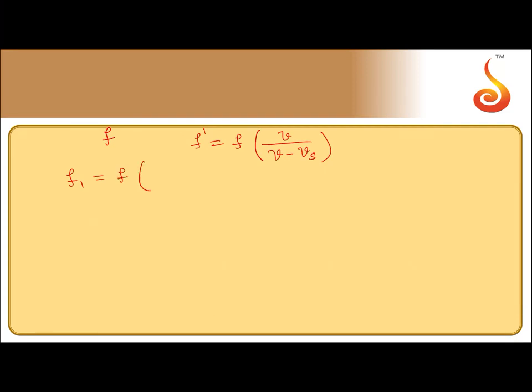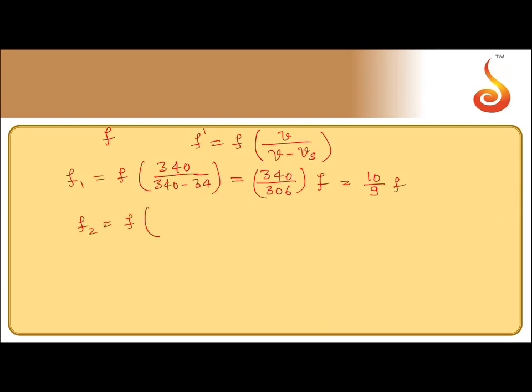So f1 is the frequency registered now, f into 340 divided by 340 minus 34. So that should be equal to 340 divided by 306 f. So that is nothing but 10 by 9 f, dividing by 34 on both sides.